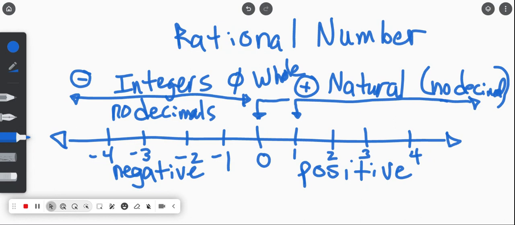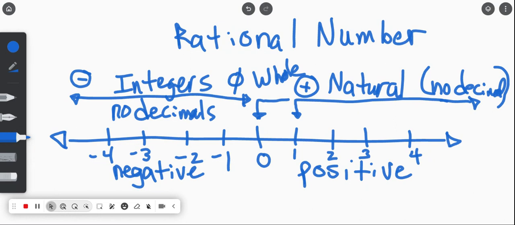So what do we call the numbers that are left over? If they have no decimals, they're positive, they're natural numbers. If there's a 0, that's a whole number, and then it goes on into integers.